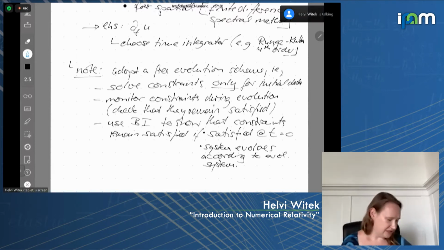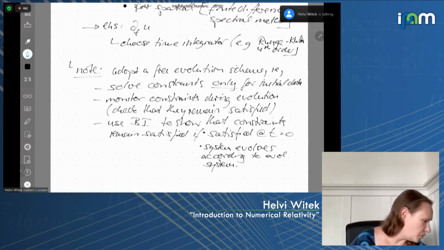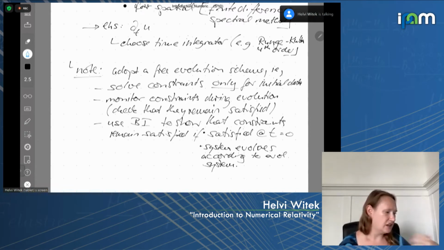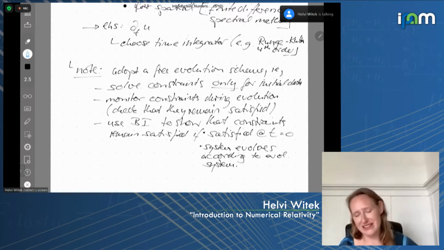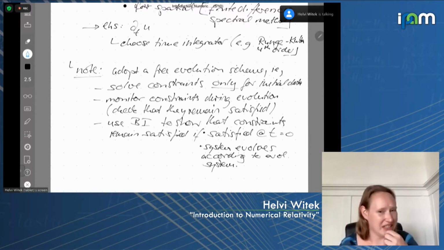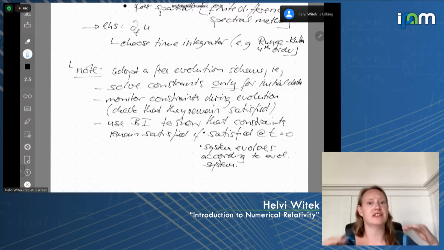Okay, good. So these were a couple of side notes that I wanted to make before going a bit deeper into the formulation. Now we are going towards the question of mathematical well-posedness of the equations. If you have the time, or want to play around a little bit, I invite you to implement the equations that we've just written down and try to evolve just flat space-time in 3+1 dimensions.